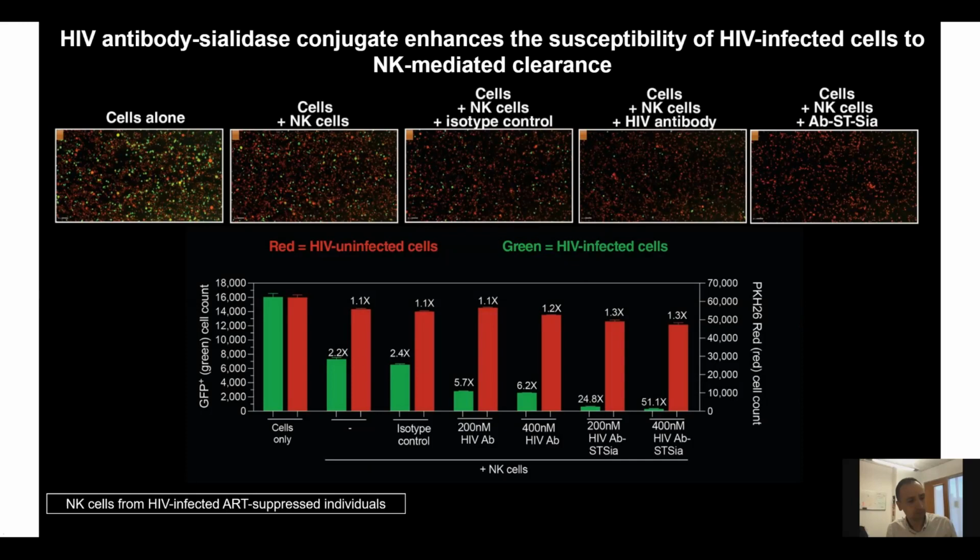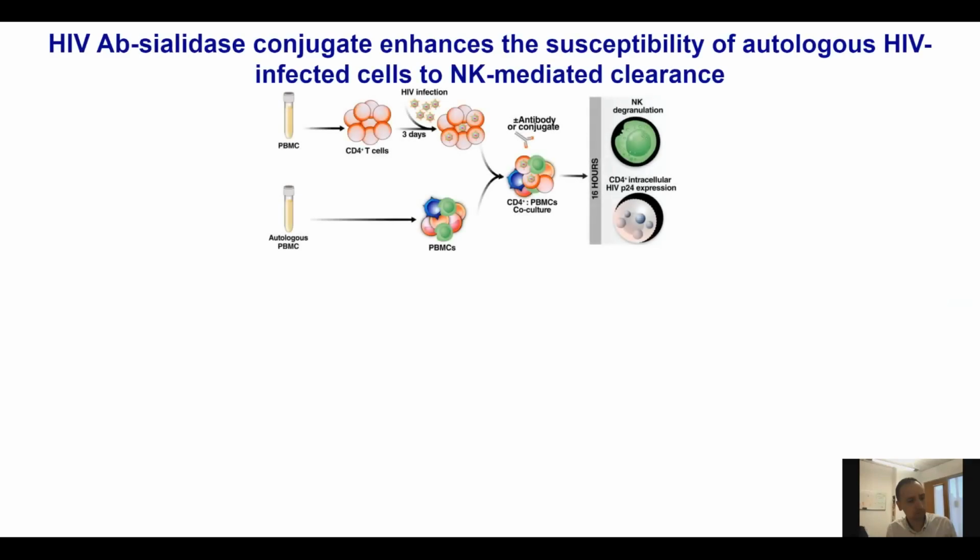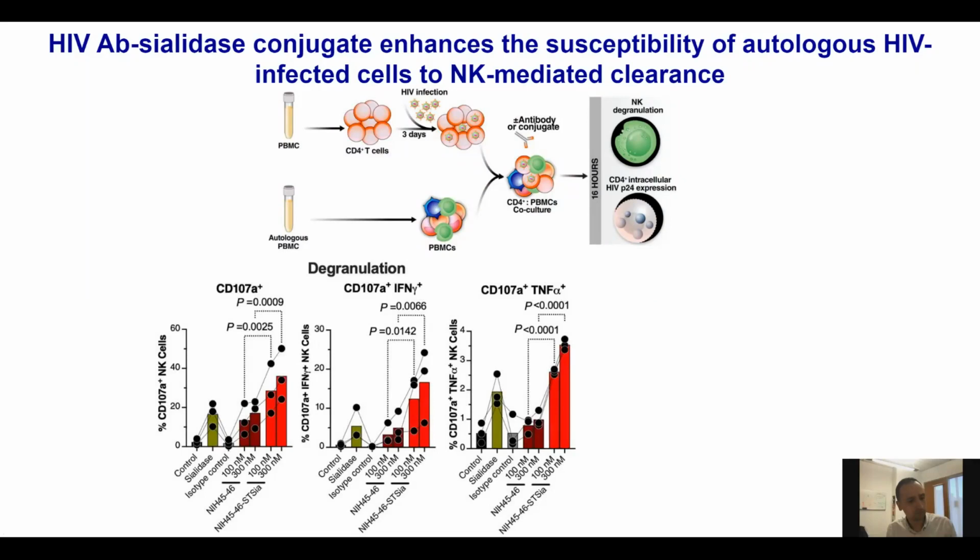Again, this experiment was using a cell line infected with HIV, and we could recapitulate the same result using an autologous system, primary cells, where we infect CD4 T cells and co-culture them with PBMCs from the same individuals in the presence or absence of the antibody or the antibody conjugates. And we can, again, measure 2 different things, either NK degranulation, either as expression of CD107 or co-expression of CD107 and interferon gamma, or CD107 and TNF alpha.